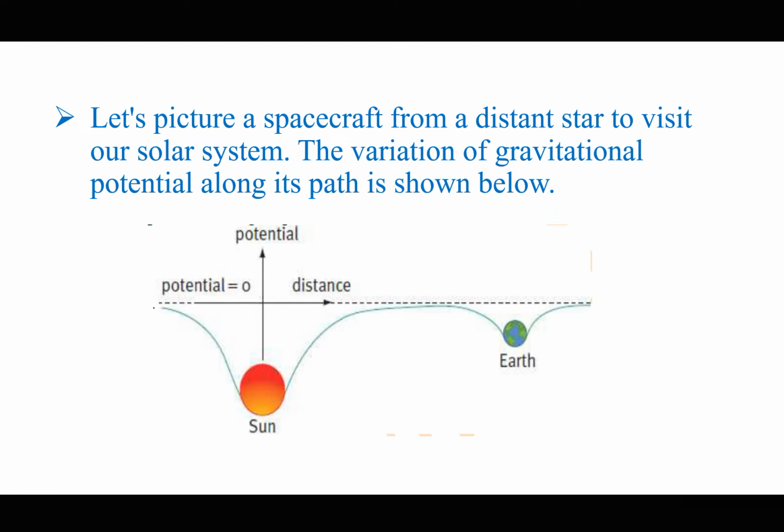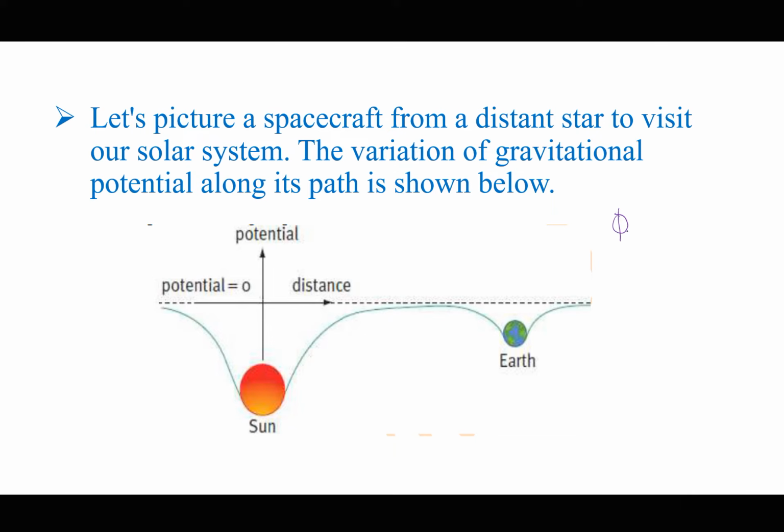When it is coming from infinity, at infinity its potential is almost zero. But as it comes closer to the sun, the potential becomes more negative. If it moves away from the sun, the potential becomes less negative. Therefore, the graph tends towards the x-axis.